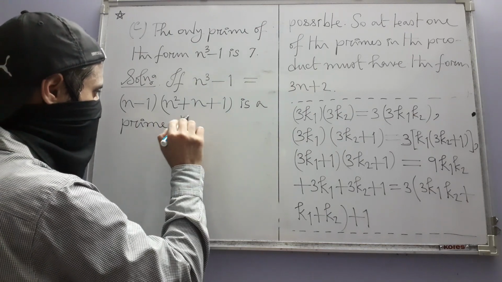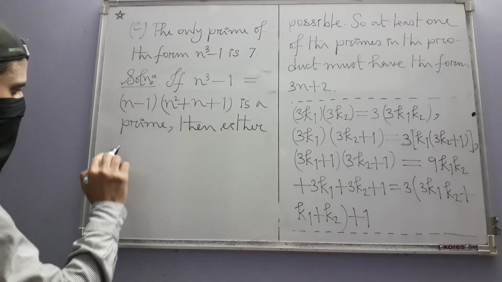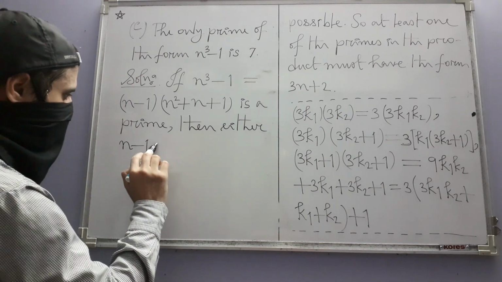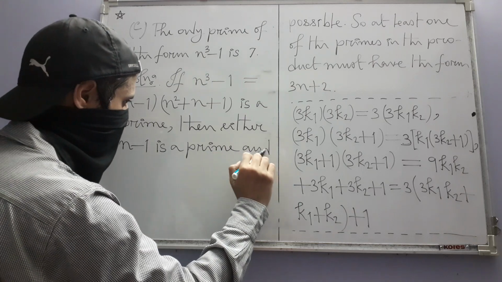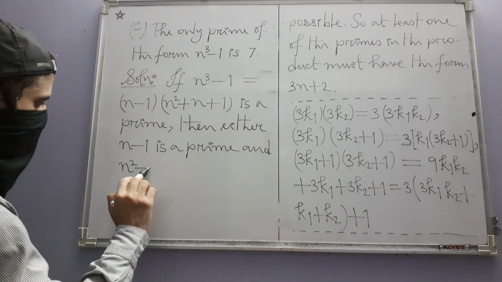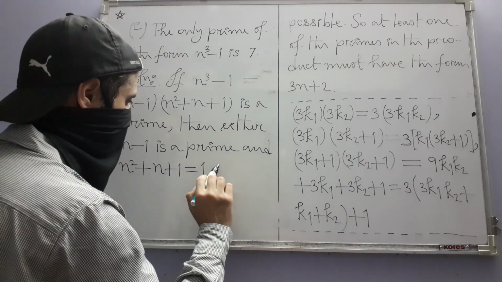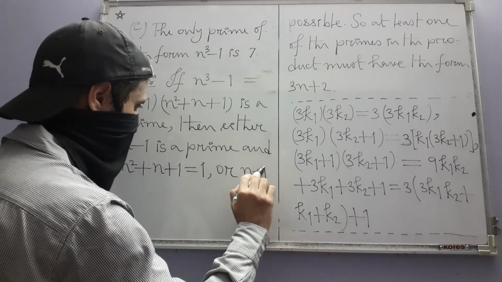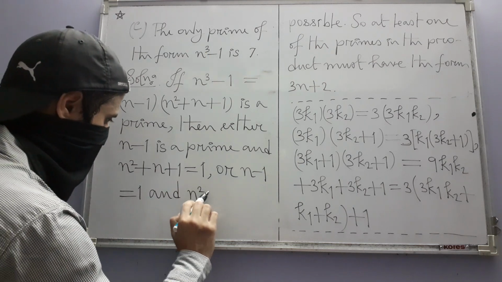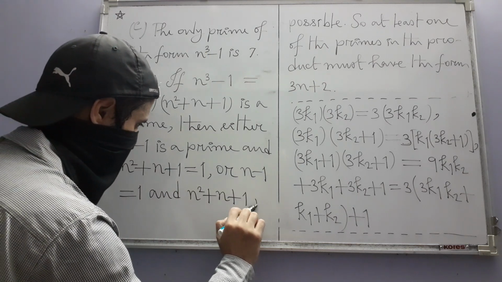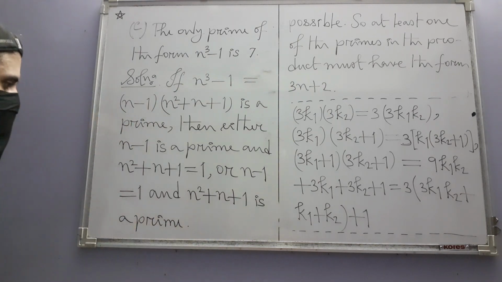This is a prime, then either n minus 1 is a prime and n square plus n plus 1 is equal to 1, or n minus 1 should be equal to 1 and n square plus n plus 1 is a prime.